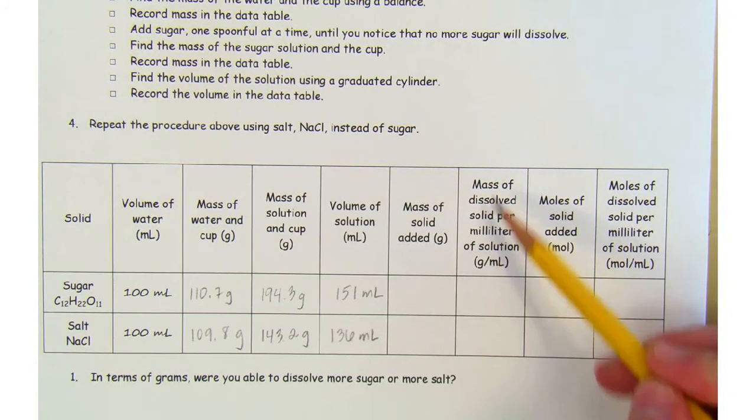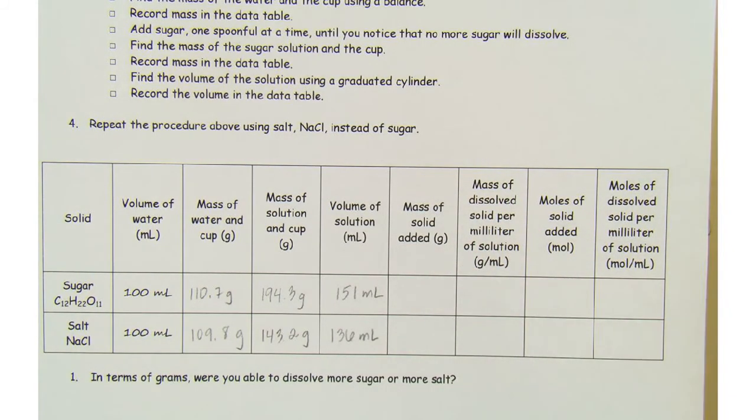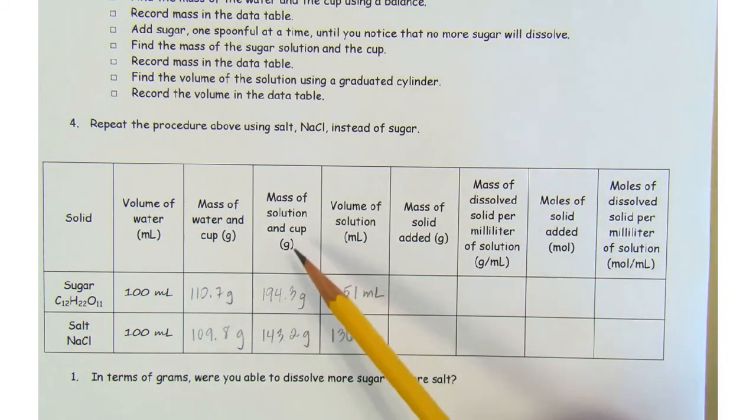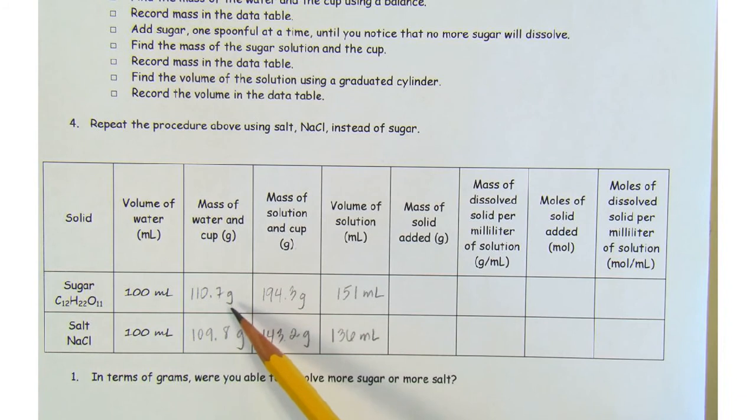The fifth one here, mass of solid added. Okay, so if we're talking about sugar, this is how much sugar you put in the cup in grams. So the way you're going to figure it out is with these two columns. So this is just the water in the cup. This is the water, the cup, and the sugar.